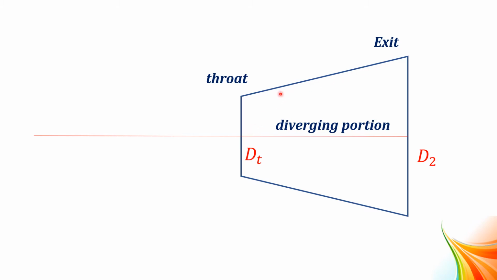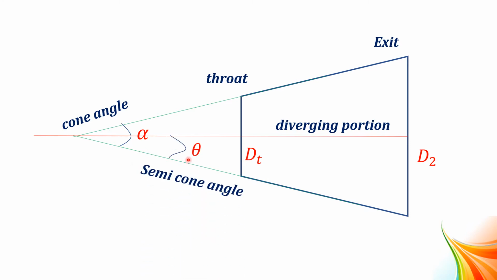Then we have to extend the outer surfaces of the nozzle. So both lines should meet at this point. So here we can take the angle between the surfaces. That angle is known as cone angle alpha. If we are taking the angle between the axis and any one of the surfaces, then that angle is known as semi-cone angle theta.